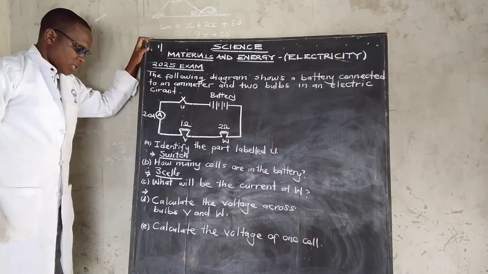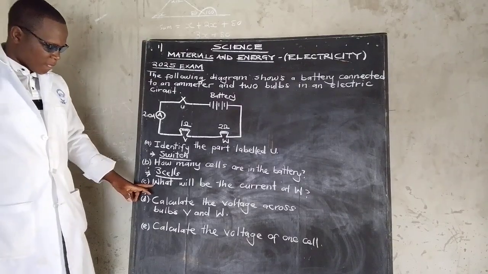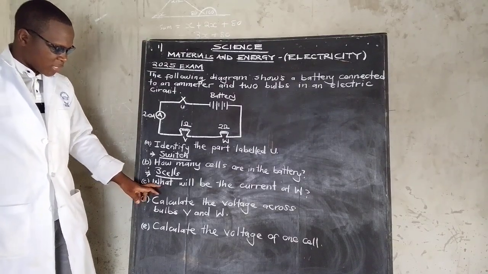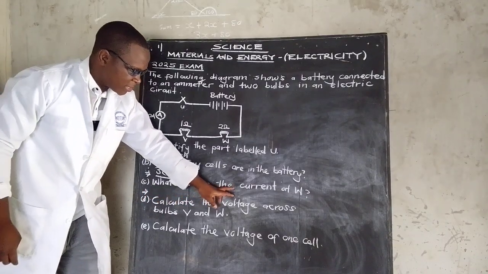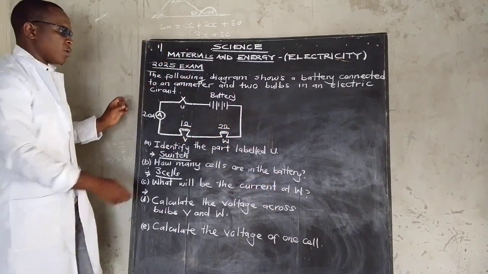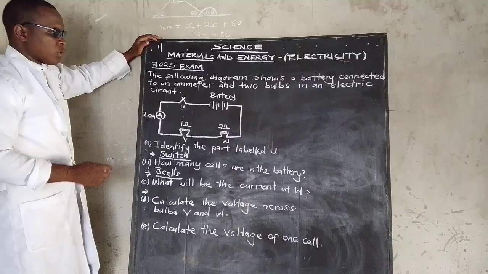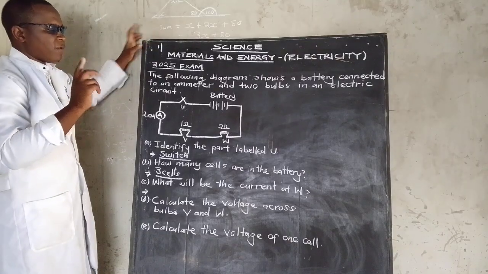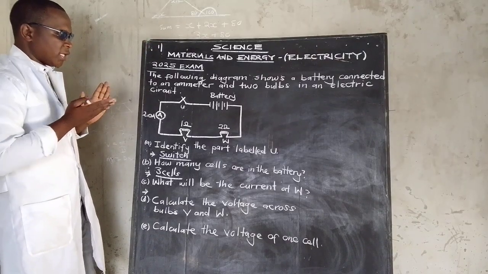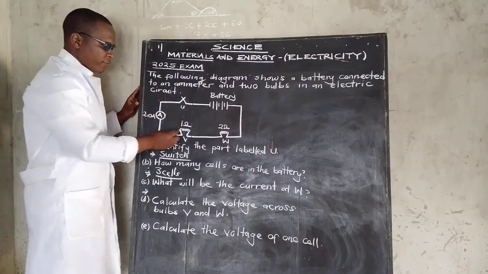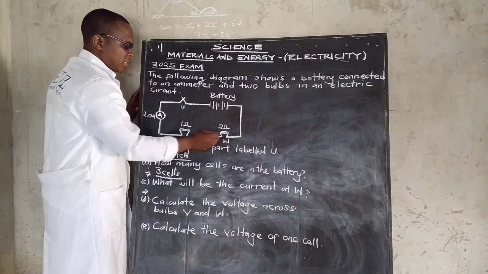Then question C. What will be the current at W? So guys, what you're supposed to know is if you have two resistors connected in series, like in this case, we have two bulbs which are connected in series.